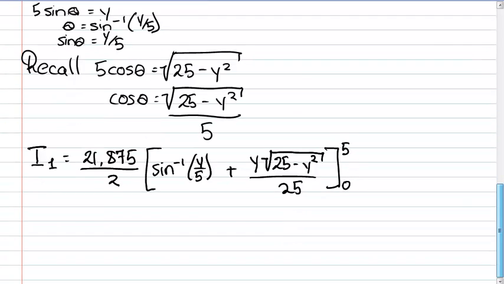Now when you plug this all into the calculator, you're going to get an answer that looks like this, 17,180.58482.